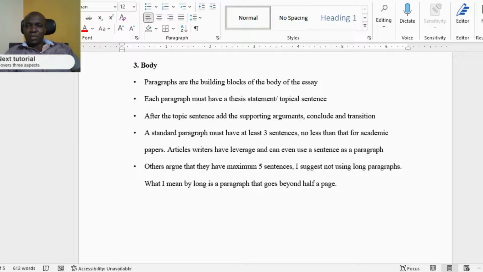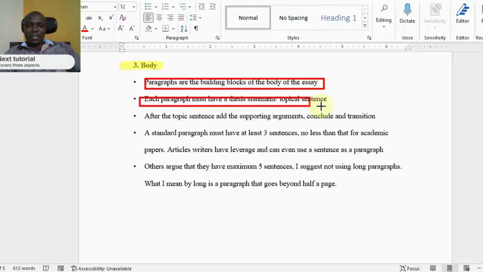So we are looking at the body paragraphs. An essay or research paper has a number of paragraphs. Paragraphs are the building blocks of an essay. Each paragraph must have a thesis statement or sentence, a topical sentence.